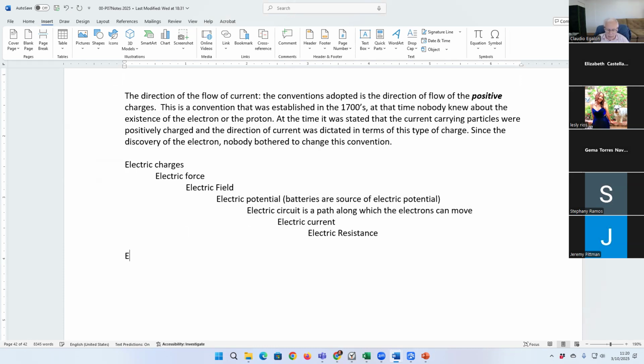So what is electric resistance? Electric resistance is the electric counterpart of the mechanical friction. Can you remember that?